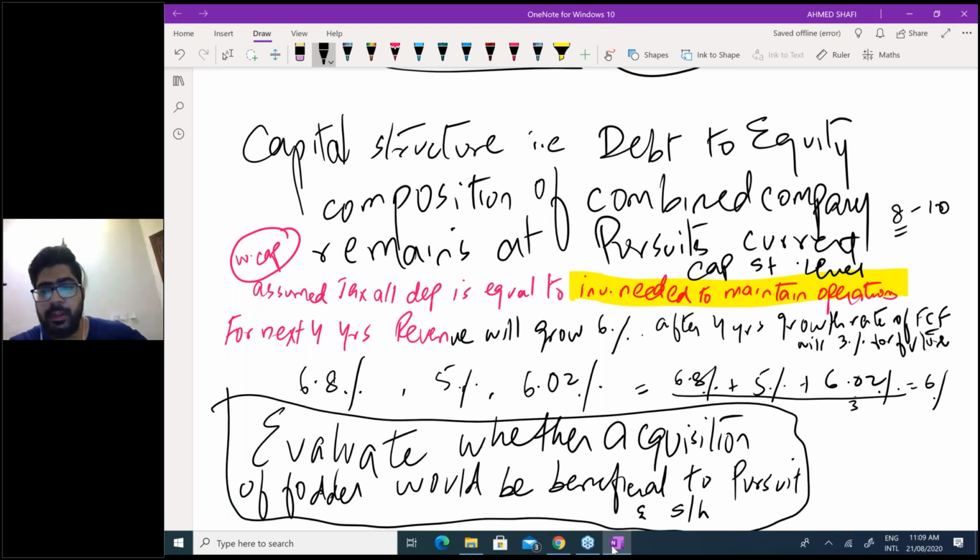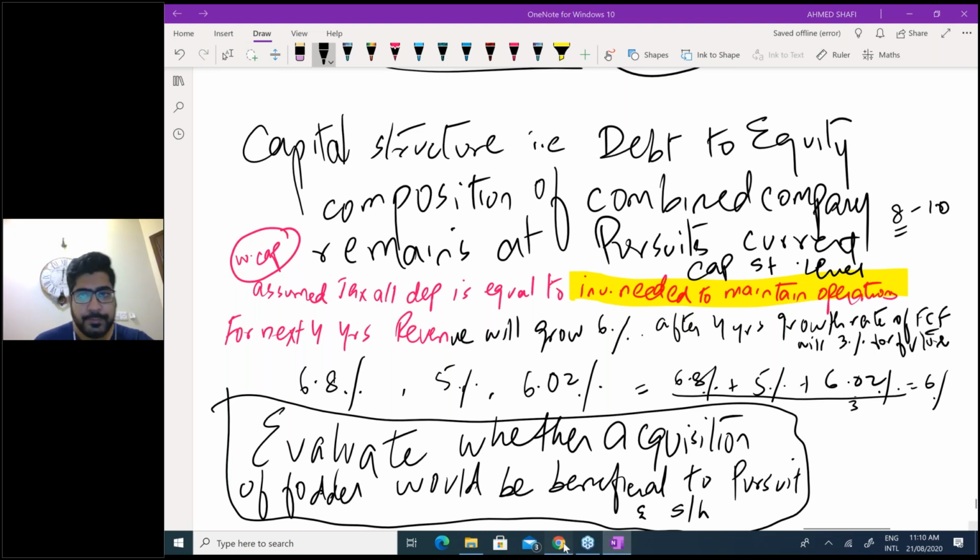This is the requirement, that you need to evaluate whether acquisition of Fodder is beneficial to Pursuit and shareholders. Now, frankly speaking, as far as the student is concerned, he doesn't know what to do here. A student won't get any idea what to do after looking at this requirement.